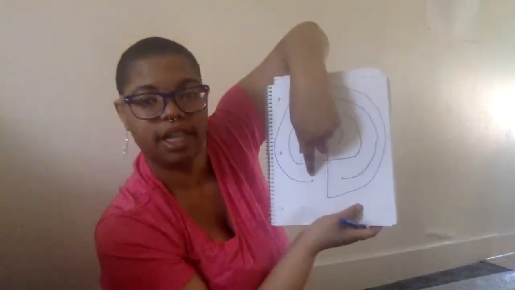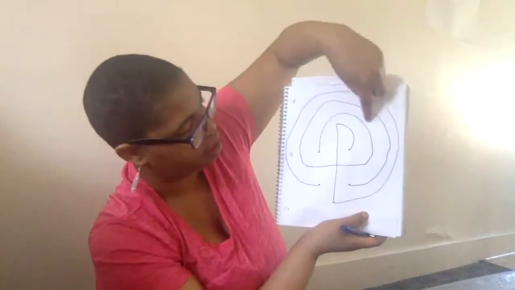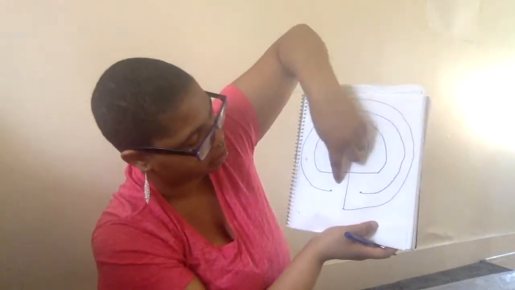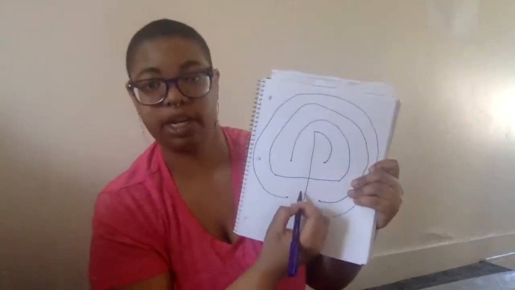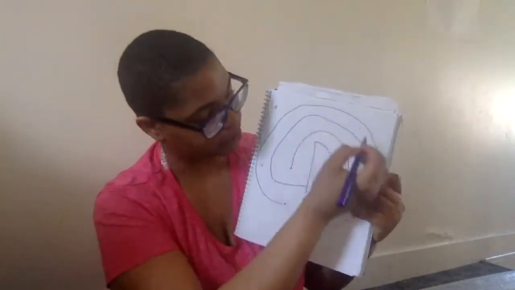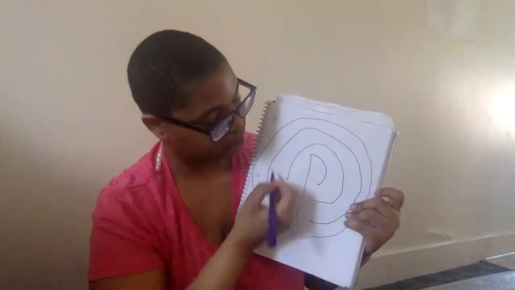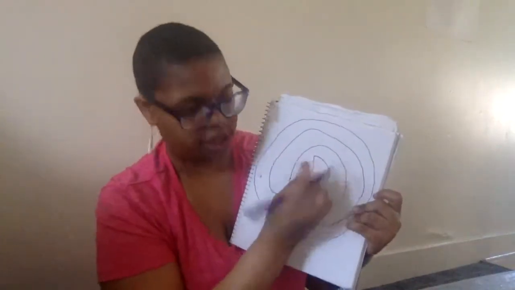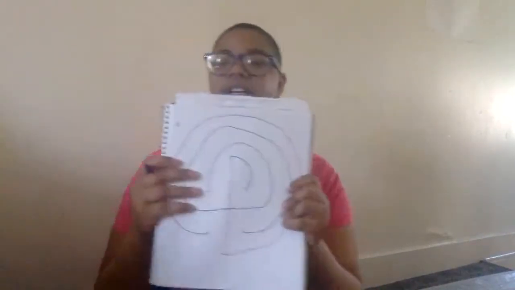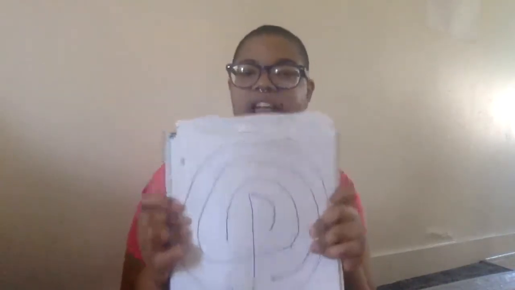So you should have a labyrinth that has a path going in and a path meeting the center. You go in through here, and then it goes around, and then around, and then around, and you get to the center. This is just a classic circuit.